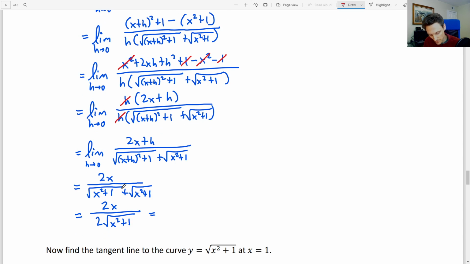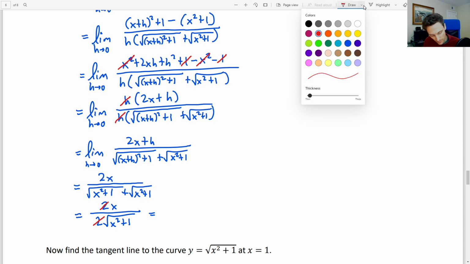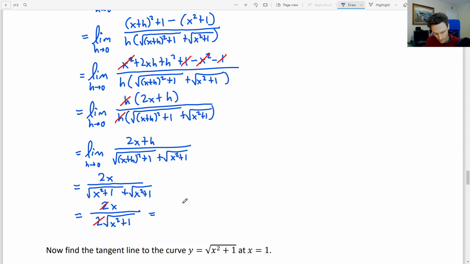And as a last step of simplification, we can get rid of the 2's, and we have x over the square root of x squared plus 1. Whew, that one involved a lot of writing.